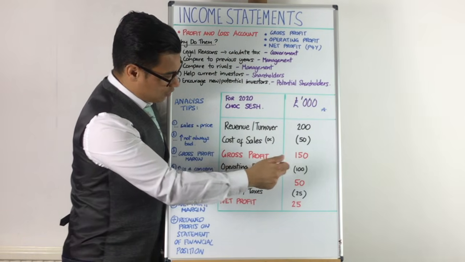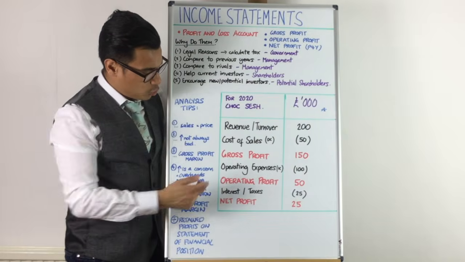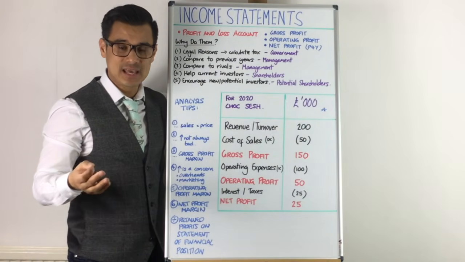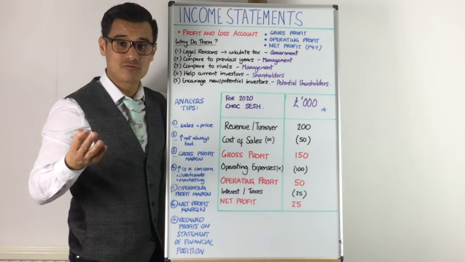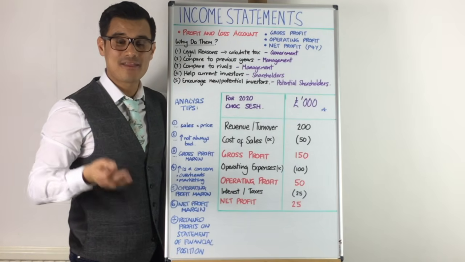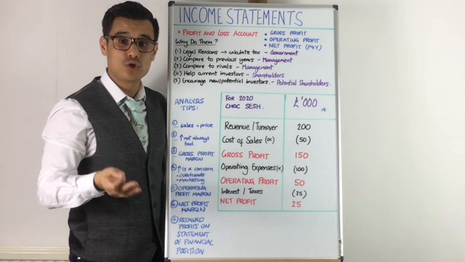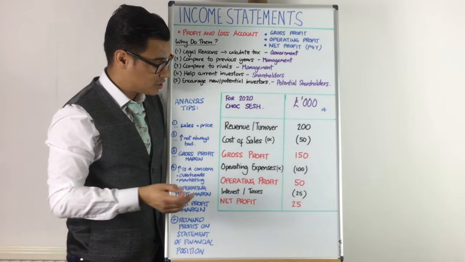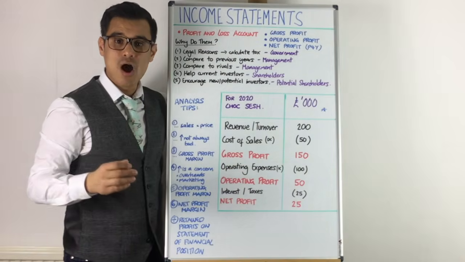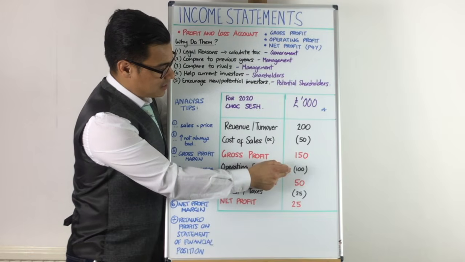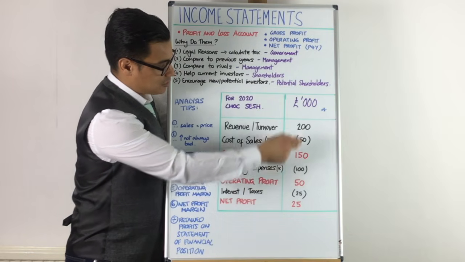After gross profit, you will take away your operating expenses. Your operating expenses is essentially your indirect costs. So those costs that cannot be directly attributable to the manufacturing of the goods. Examples of that could be marketing or admin. Again, it's in brackets because it's negative and it's £100,000.